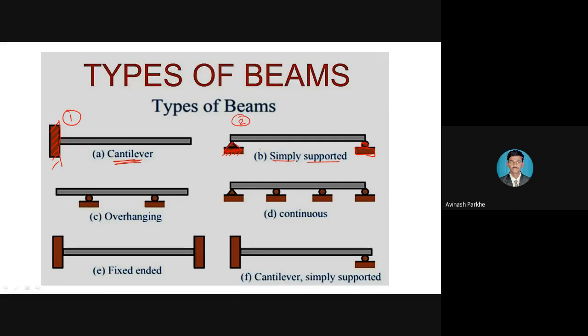Please keep in mind: the beam which just rests on two supports, or is supported at both ends only. Where your beam ends, that is, on the left side, see where the beam ends, at this particular point your beam is finished. Similarly at the right side, at this particular point your beam is finished.